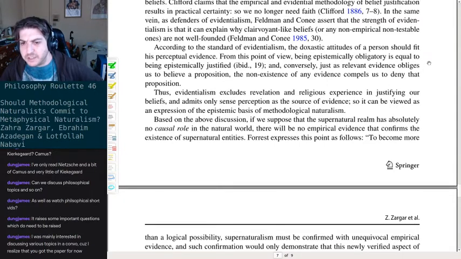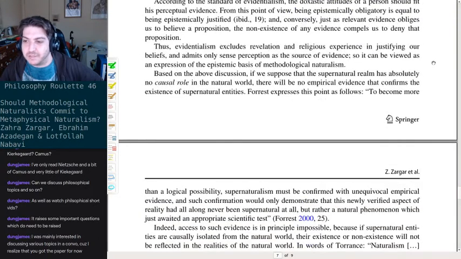Thus, evidentialism excludes revelation and religious experience in justifying our beliefs and admits only sense perception as the source of evidence. So it can be viewed as an expression of the epistemic basis of methodological naturalism. Based on the above discussion, if we suppose that the supernatural realm has absolutely no causal role in the natural world, there will be no empirical evidence that confirms the existence of supernatural entities.